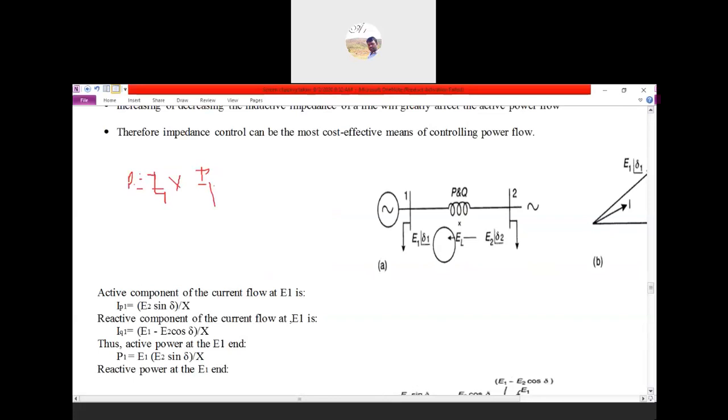We have to take care of this while designing for synchronization.